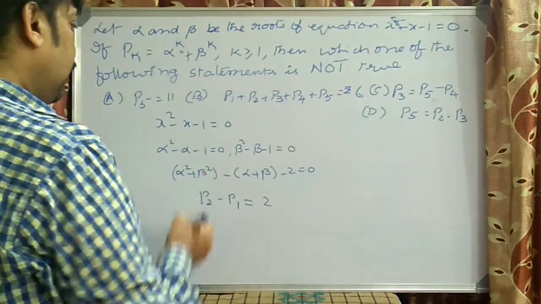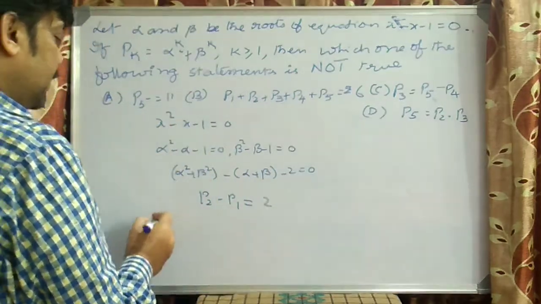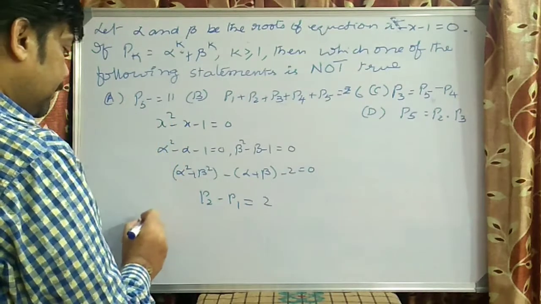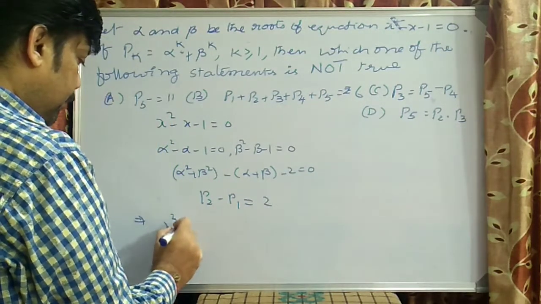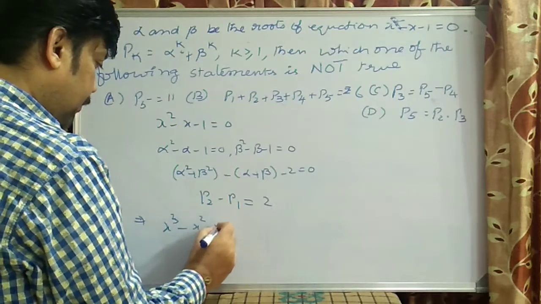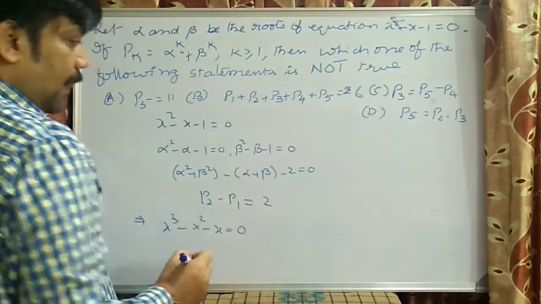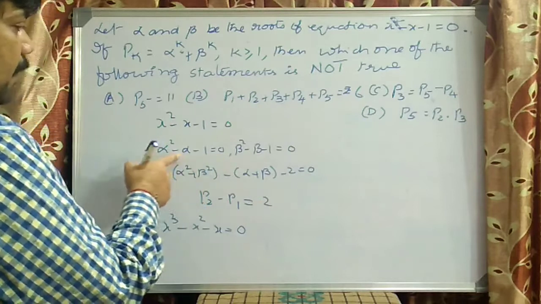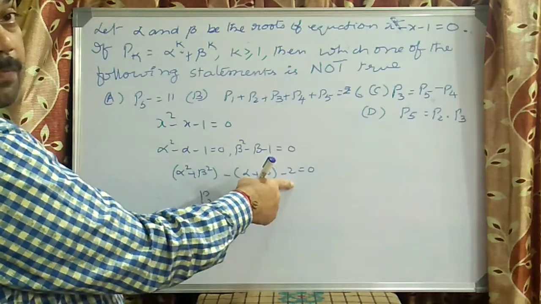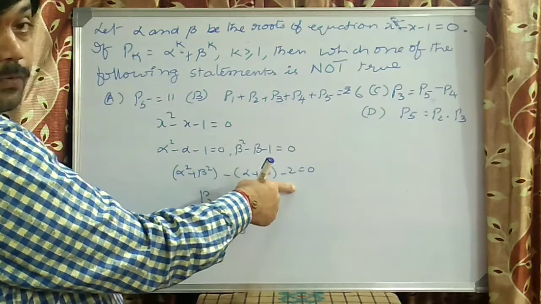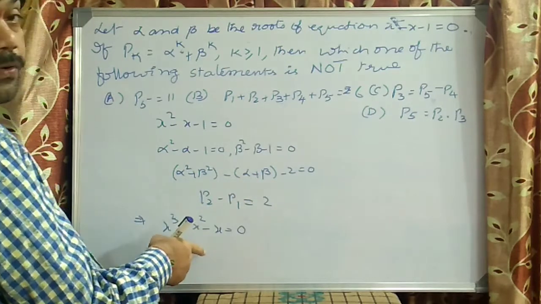In the same way, I am multiplying this equation with x. So what I have got is x cube minus x square minus x is equal to 0. Here I was having a constant, so I was having a problem that it was added 2 times, but here I have no problem.